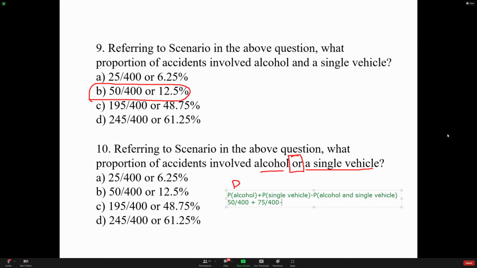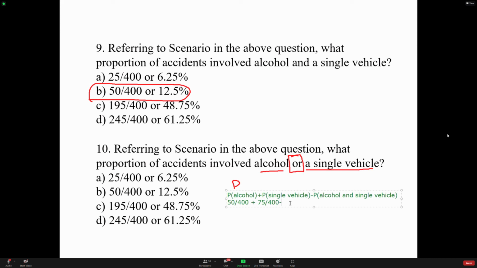Minus probability of alcohol and single vehicle.